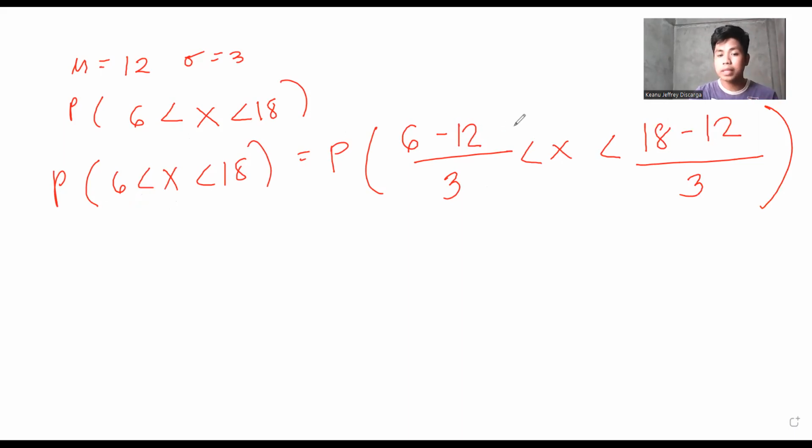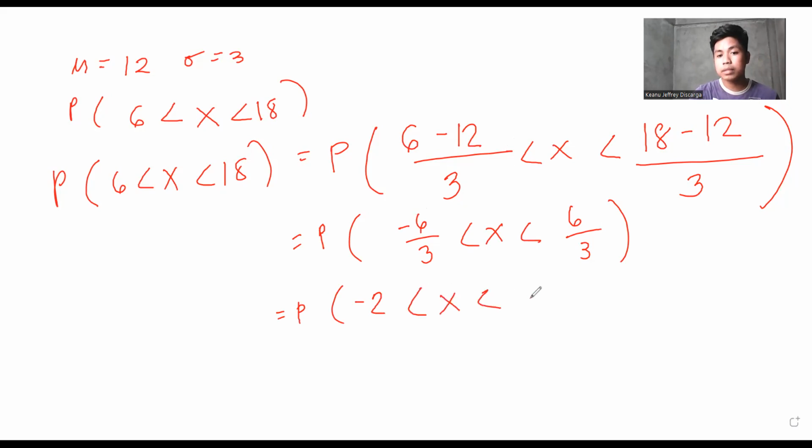The 12 is the mean and the 3 is the standard deviation. 6 minus 12 is negative 6 over 3, and 18 minus 12 is 6 over 3. So the probability of negative 2 less than z less than 2.